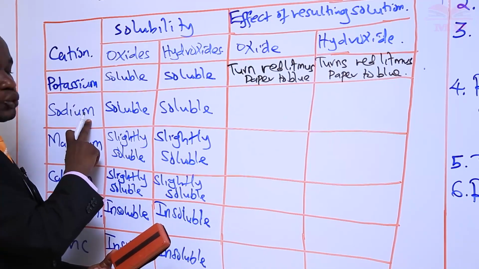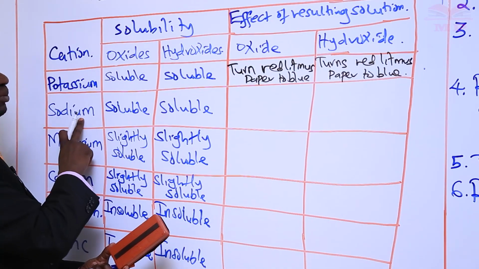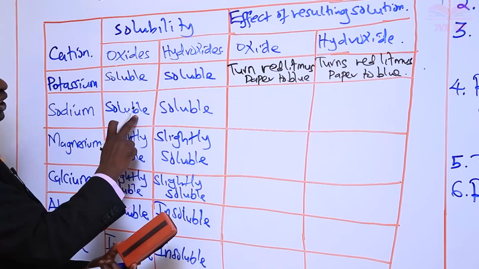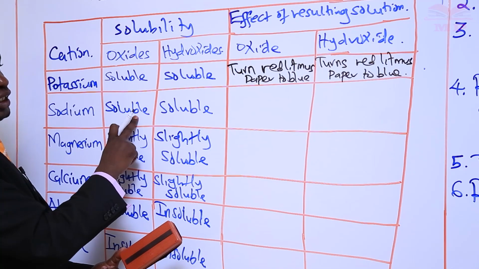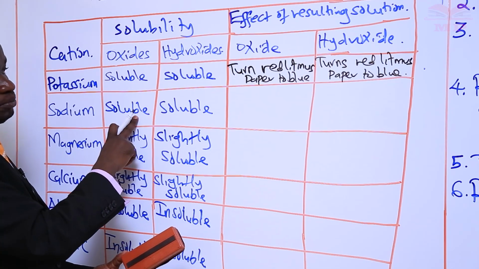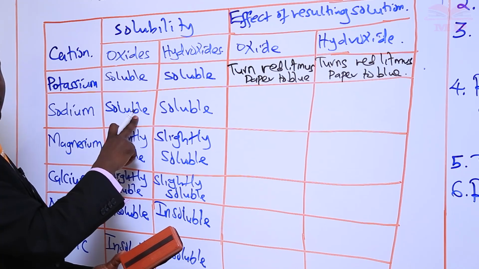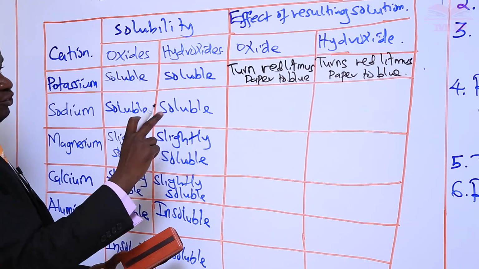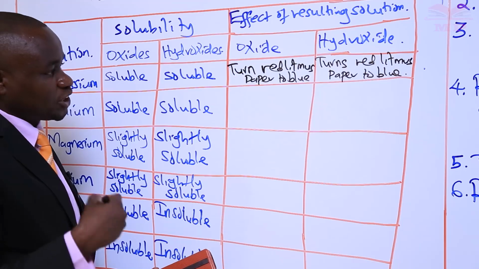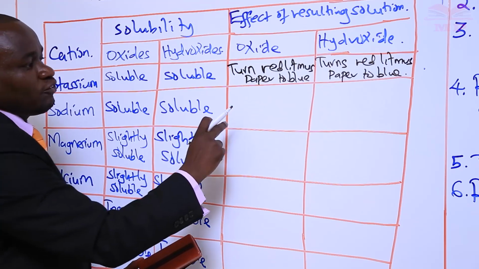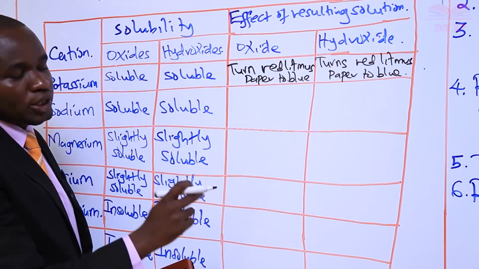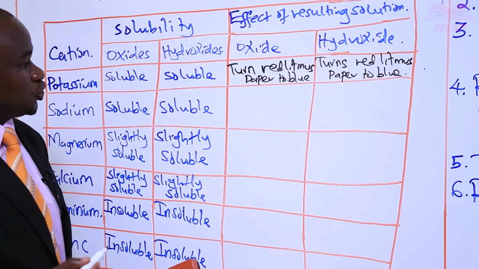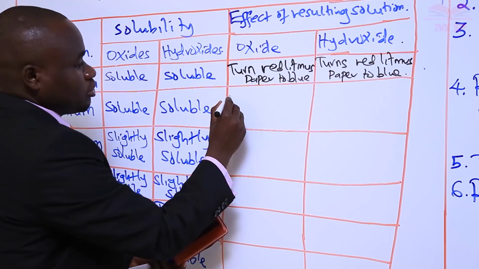The same applies to sodium, that sodium oxide, we have said it's already soluble. So the resulting solution is a basic solution, and that solution is called sodium hydroxide. So if you test sodium hydroxide using litmus paper, it will also turn from red to blue because that solution is a basic solution. So the observation will be the same.